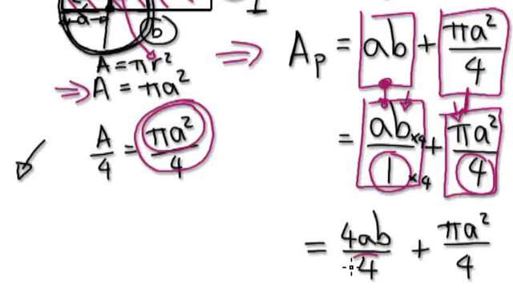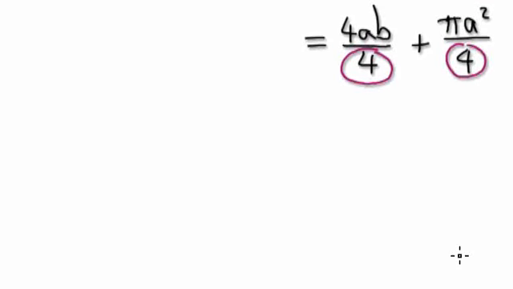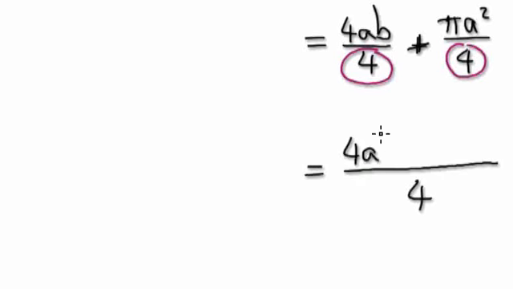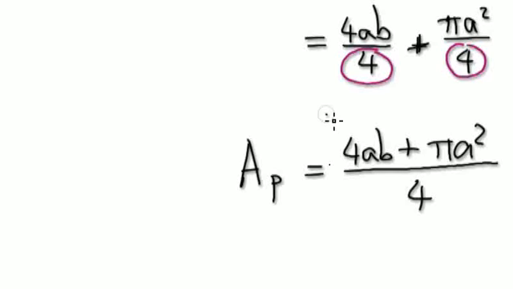Now you can see the two denominators are the same. So you can merge the two fractions. In order for you to add two fractions together, you need the two denominators to be the same. So let's just add the two together now. So it becomes this: 4ab plus pi a squared, all over 4. So this is the area of the purple part.